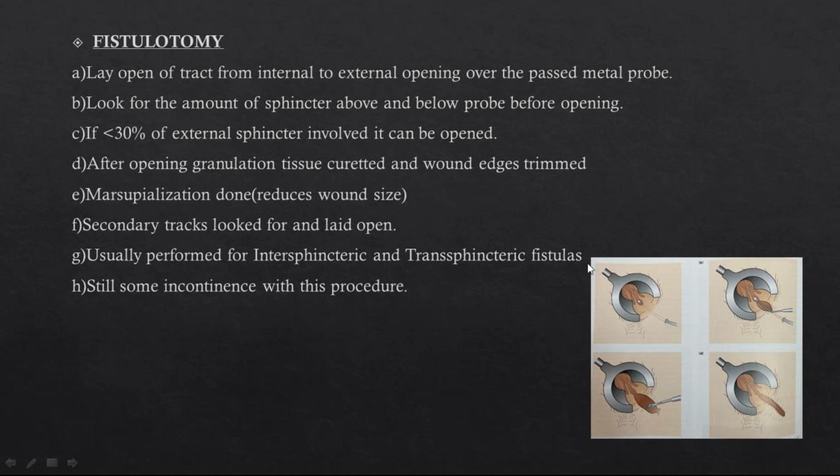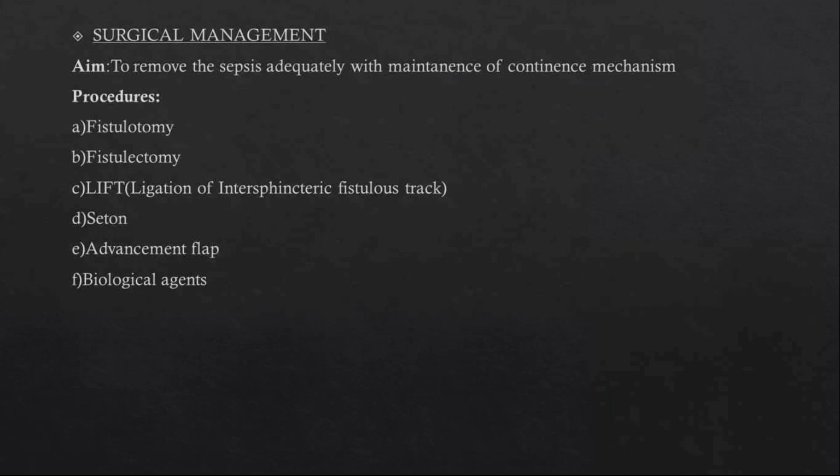After putting the probe, you can see the external sphincter. How much external sphincter is involved? If less than 30% of external sphincter is involved, then you should open. If more than 30% external sphincter is involved, then you should not do a fistulotomy.